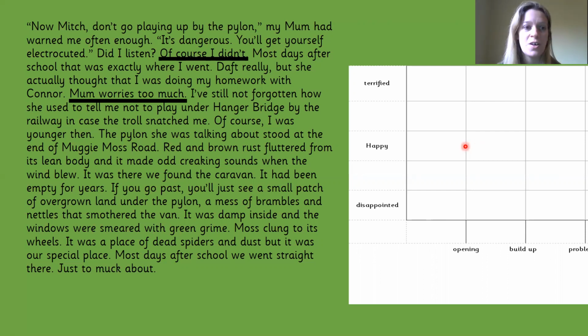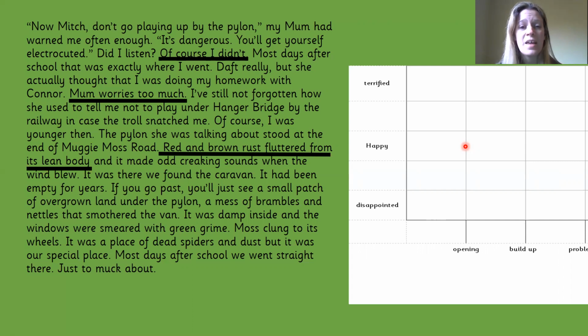"I've still not forgotten how she used to tell me not to play under Hanger Bridge by the railway in case the trolls snatched me. Of course, I was younger then. The pylon she was talking about stood at the end of Muggy Moss Road. Red and brown rust fluttered from its lean body." Now I want to pick that out because of the way they've described the pylon, okay? It said red and brown rust fluttered from its lean body.